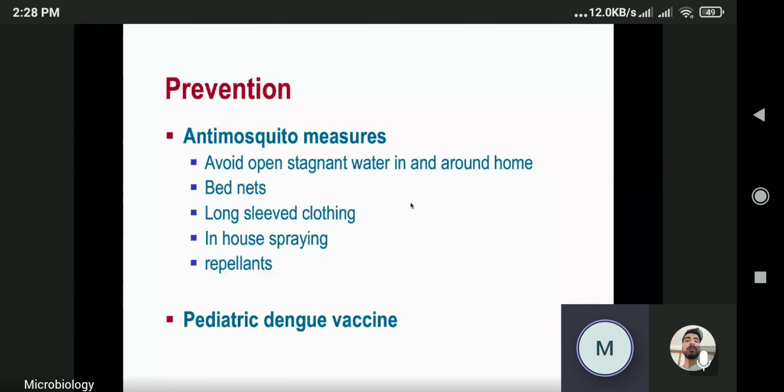But the demerit of this vaccine is that it can be given only to individuals who have a confirmed case of previous infection with the dengue virus. In those individuals only, to avoid the possible emergence of severe dengue hemorrhagic conditions, the vaccine can be given. Otherwise we will not have any vaccine.